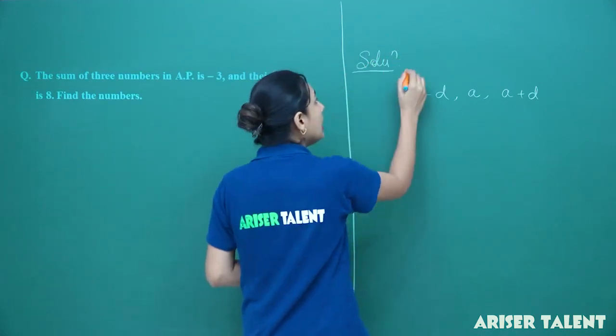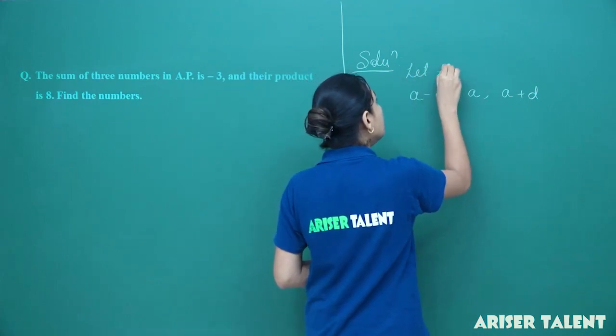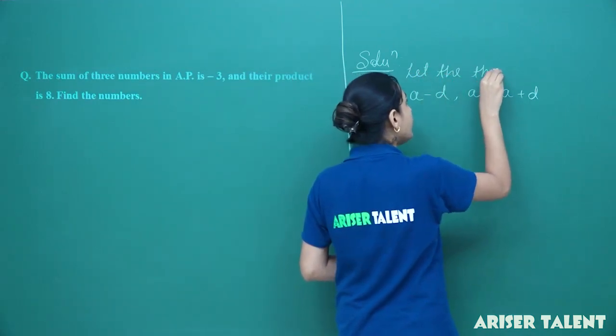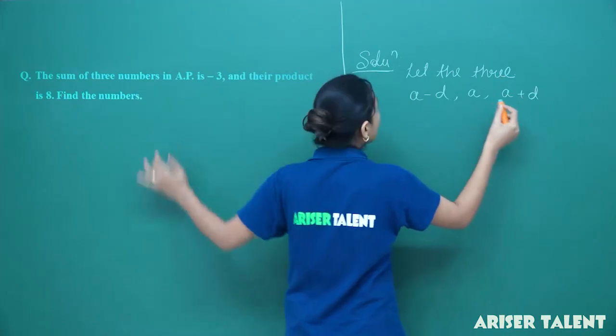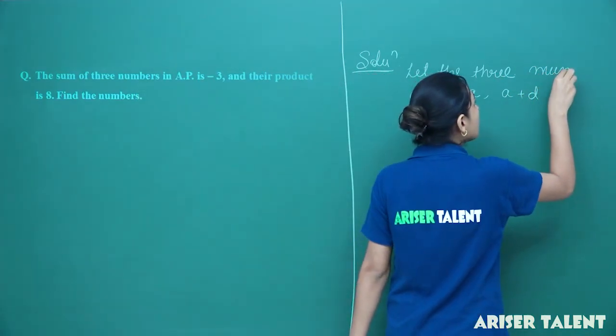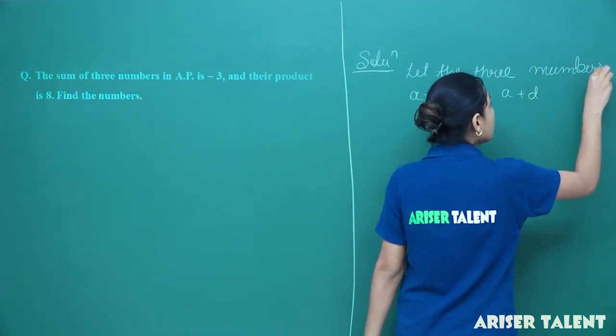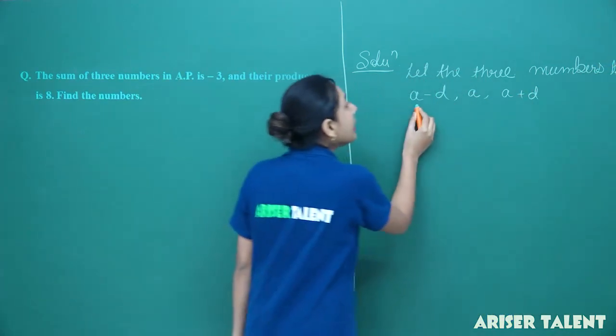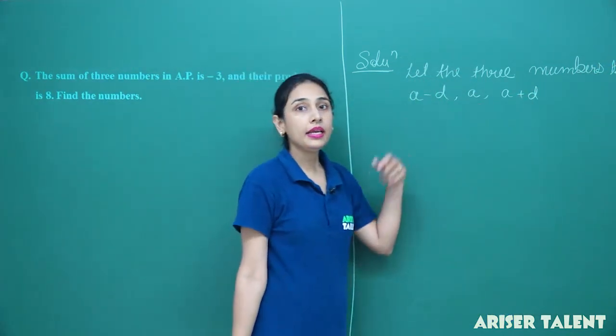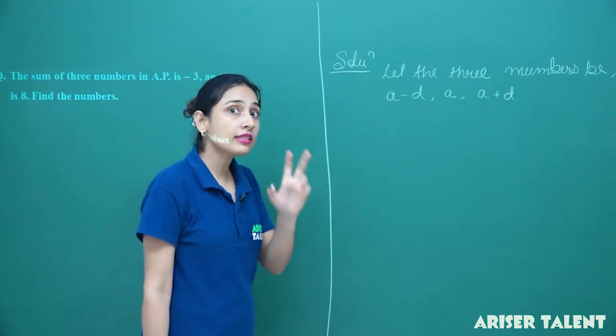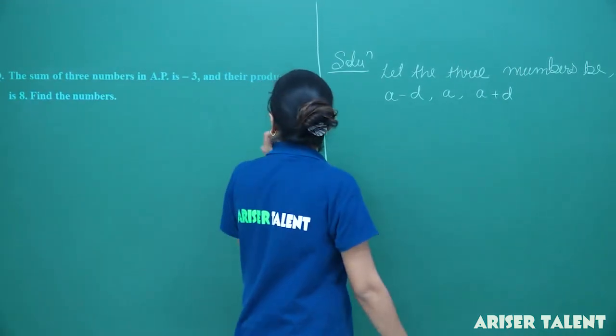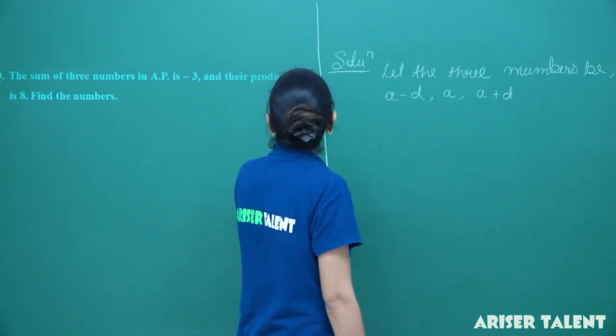Let the three numbers be A minus D, A and A plus D. Now what is given? Given is its sum is -3.